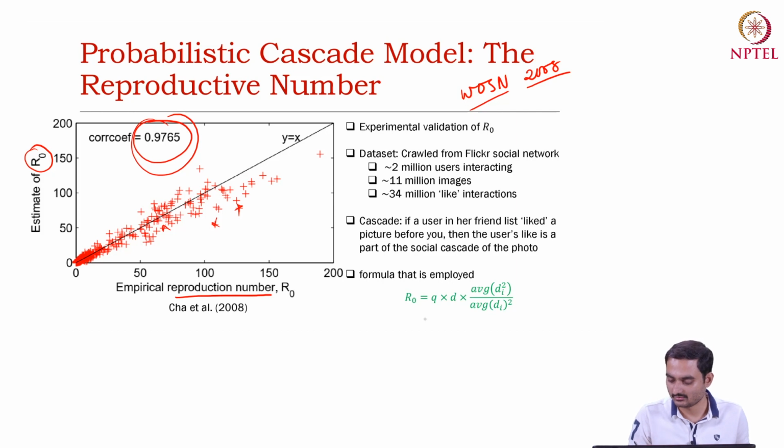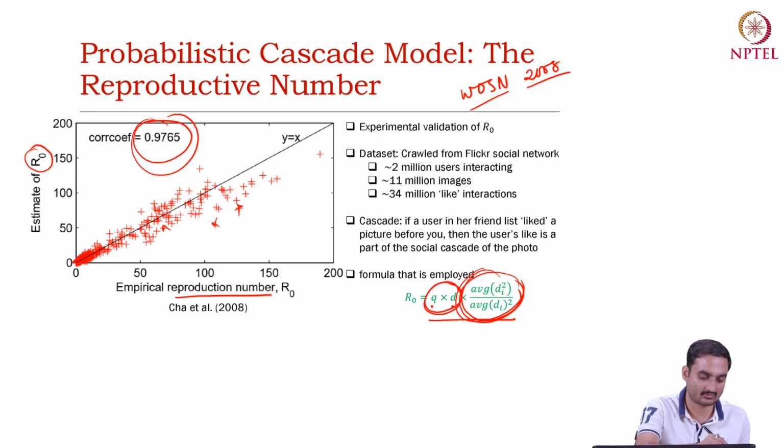However, they used R0 as q times d times some factor. This factor takes care of the skewed nature of the degree distribution, the cascade distribution. This is not that important, but they took this into account to calculate the estimated value of R0.